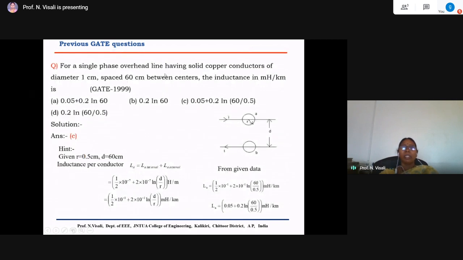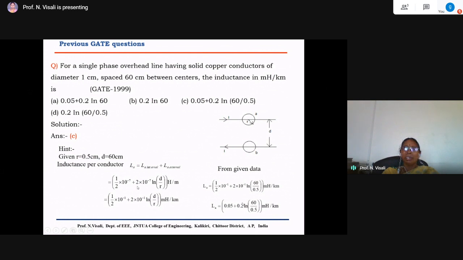For a single phase overhead line having solid copper conductors of diameter 1 centimeter, spaced 60 centimeters between centers, what is the inductance in millihenries per kilometer? How will you calculate it? This is the diagram they have given. Directly you can calculate internal plus external inductance.